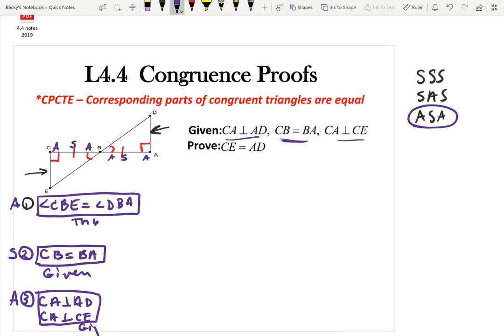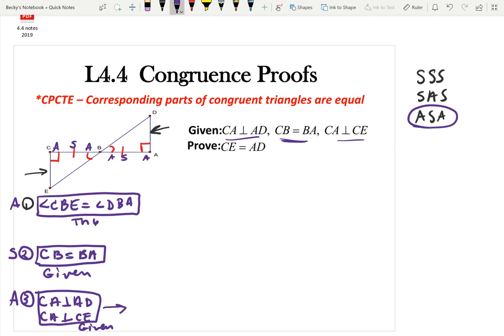Hopefully I have room. Okay, now again, I'm not finished with this step. Look at your theorem and postulate sheet, and let me grab mine. We know things about perpendicular lines. Perpendicular lines form a certain type of angle. What kind of angle is that? Of course, it's a right angle.